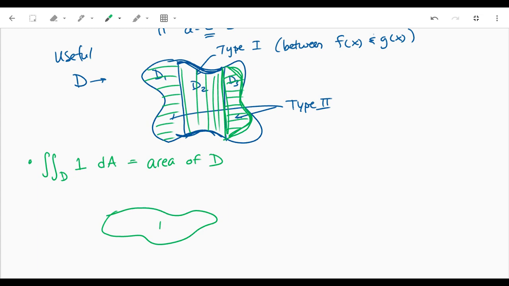If I wanted to find the area of it, I could think about the constant function z equals 1. So a height of 1. This is in the xy plane. This is z equals 1.